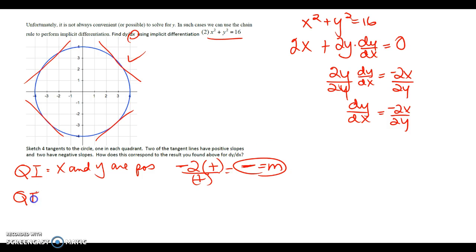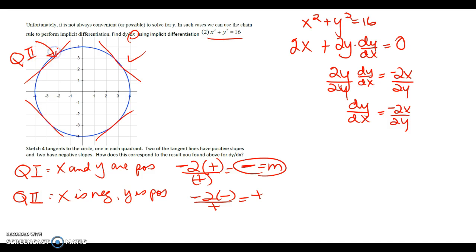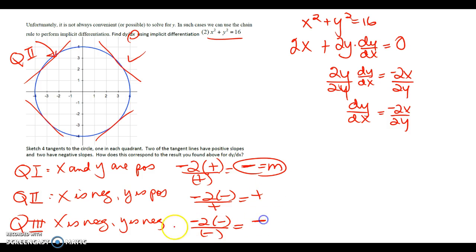Quadrant 2. x is negative, y is positive. So it's negative 2 times a negative over a positive. Should be a positive, and sure enough, in quadrant 2, that slope is positive. Quadrant 3. x is negative, y is negative, so negative 2 times a negative over a negative should be a negative, and sure enough, in quadrant 3, that's a negative slope.